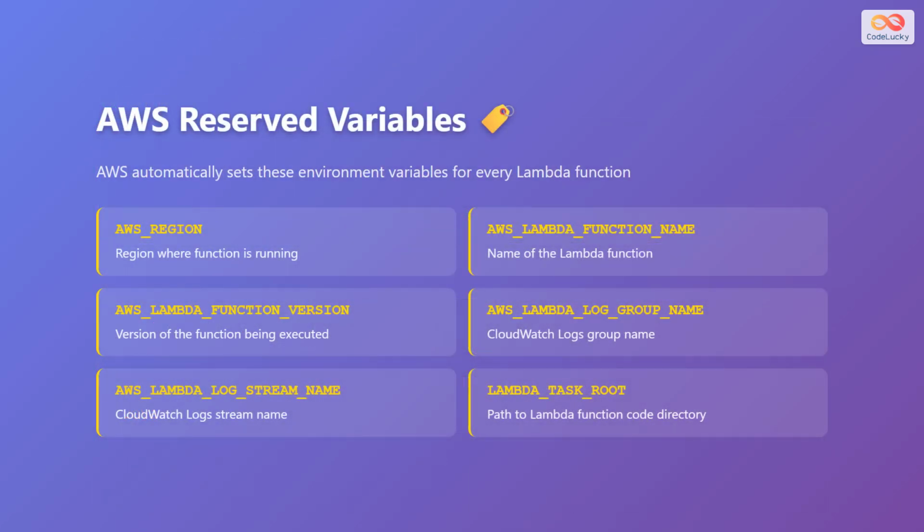AWS automatically sets several reserved environment variables for every Lambda function execution. AWS_REGION contains the AWS region where your function is running. AWS_LAMBDA_FUNCTION_NAME provides the name of your Lambda function. AWS_LAMBDA_FUNCTION_VERSION indicates the version of the function being executed.